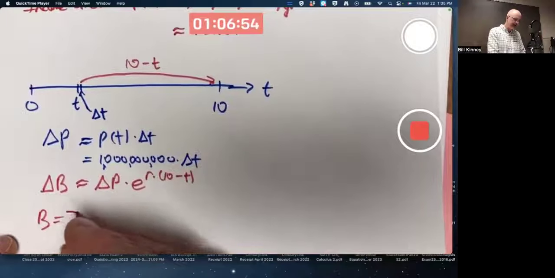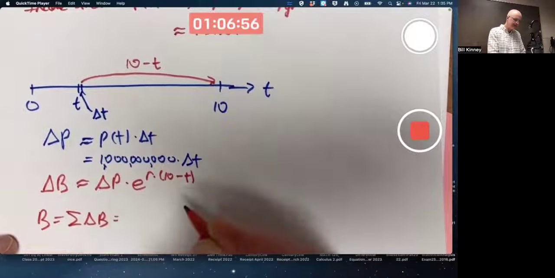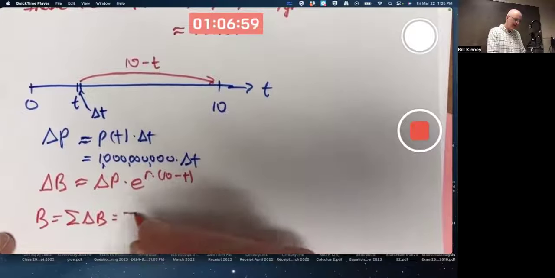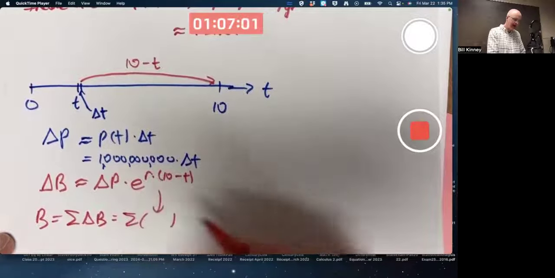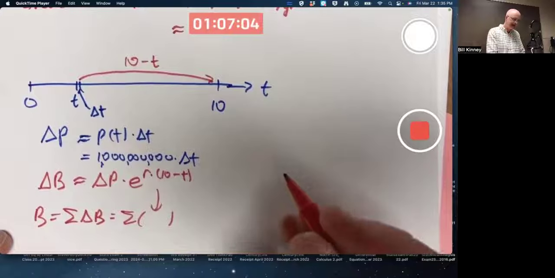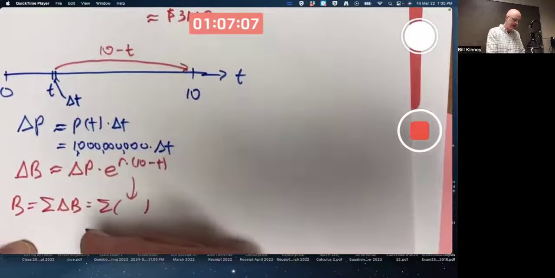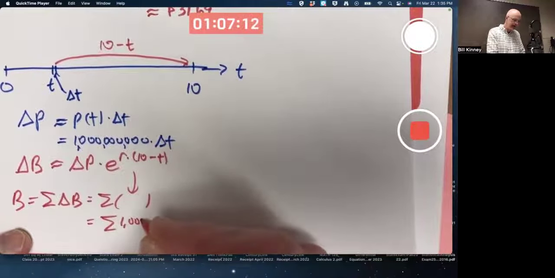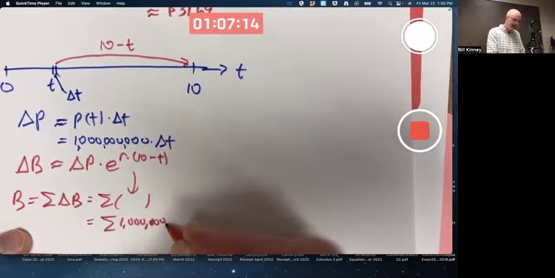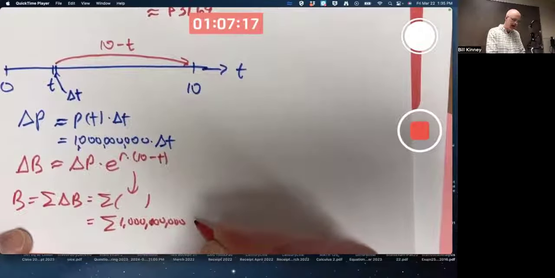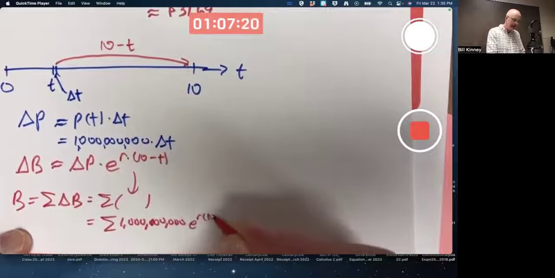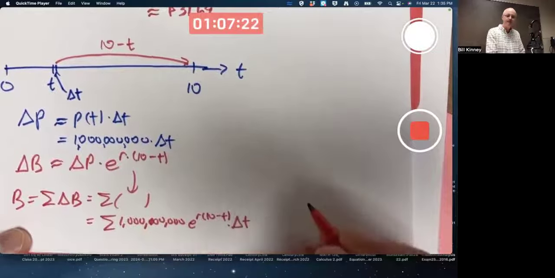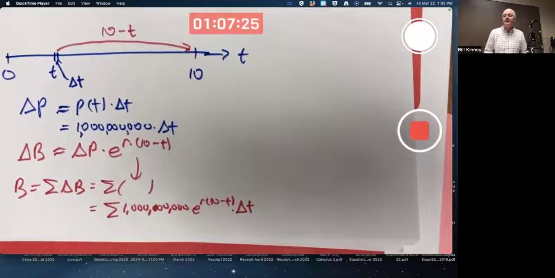The final balance would be the sum of those small balances, a sum like this, and then also use the fact that delta p is 1 billion times delta t to write this as, in the end, 1 billion, which is 10 to the 9th, times e to the r times 10 minus t, delta t. That would be an approximation for your final future value of the entire income stream.